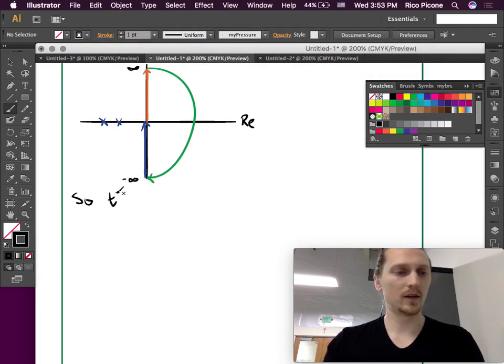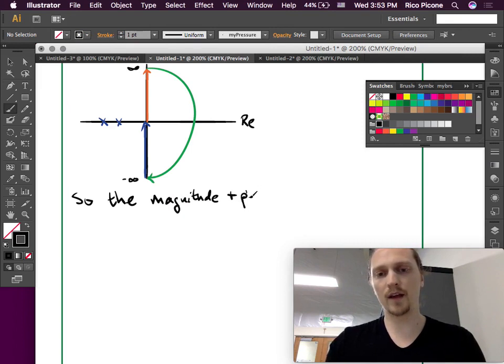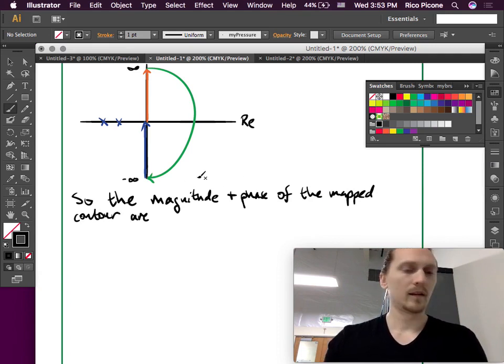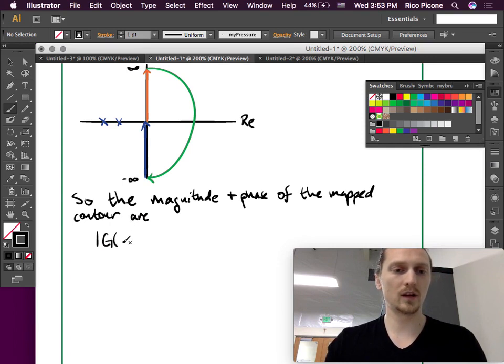The magnitude and phase of the mapped contour are, we have G of gamma n, H of gamma n.